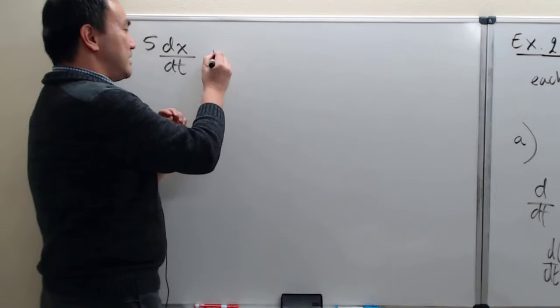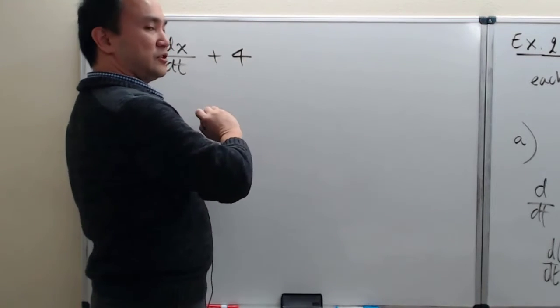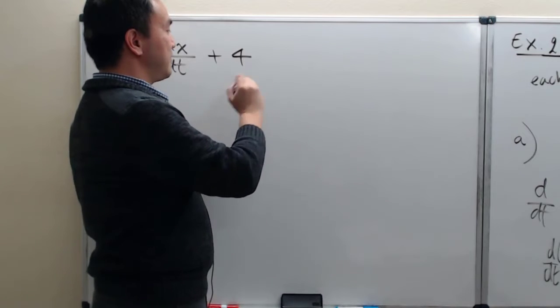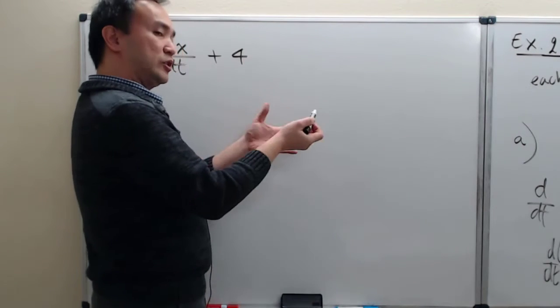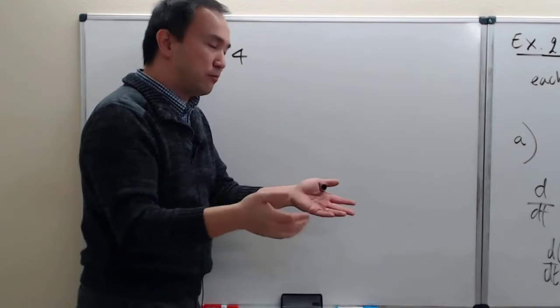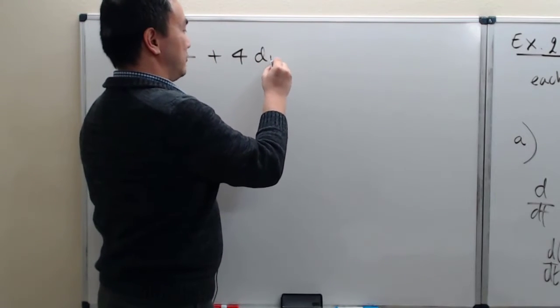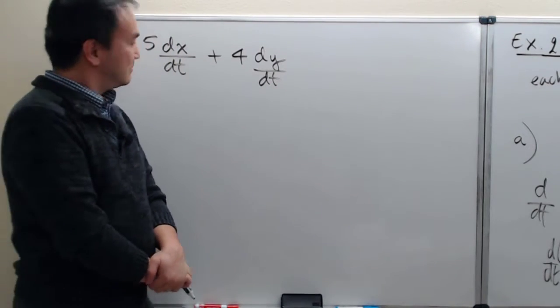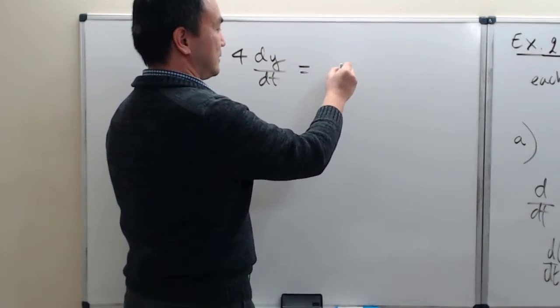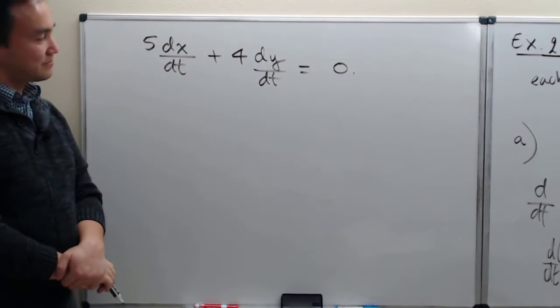Okay, next term gives me, well, the constant coefficient 4 stays the same. The y variable is a function of t, y of t. So taking the derivative implicitly, we have no choice, dy dt. And the next one here is 0.